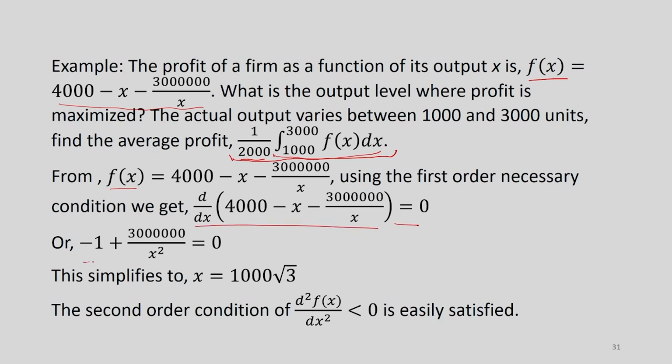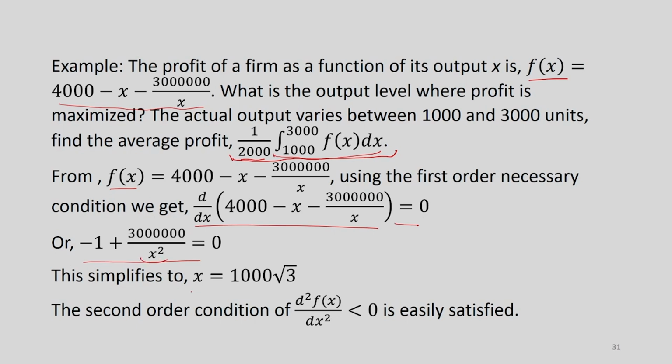From this I get minus 1 plus 3 million divided by x squared, right? Because what is the power of x? It is minus 1. If I take the derivative of that, minus 1 will come first, and then minus minus becomes plus, and x to the power minus 2, and therefore I have divided by x squared.